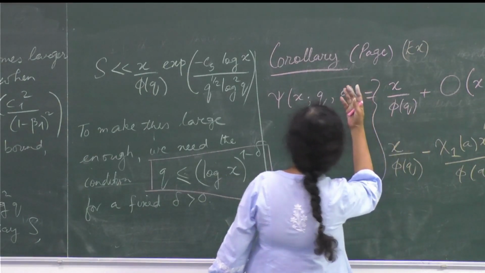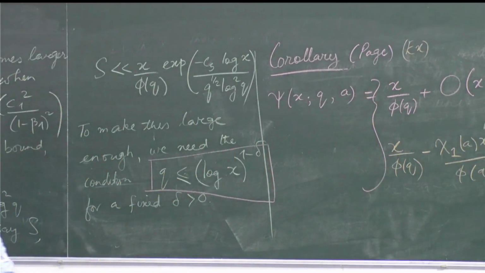So if I write it as a negative, then the other way it becomes positive. What I'm writing here is that is only chi1a x to the power beta 1, etc. All right. So this one, when you write it as negative, if this one is smaller, then as the negative, the other one is bigger. If a is less, you have a is less than b, then minus a is larger than minus b. So this is bigger, and then when it is bigger, q is less than log x to the power 1 minus delta. Okay.